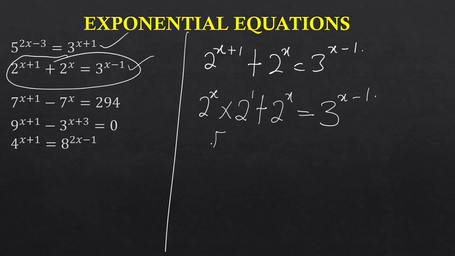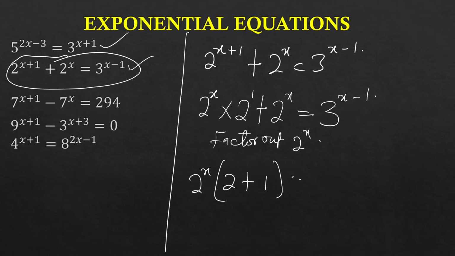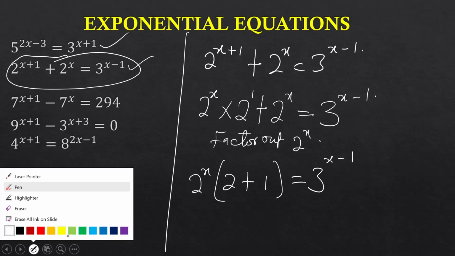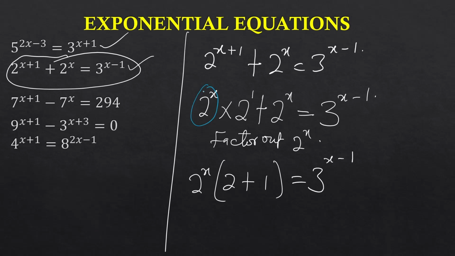Now I'm going to factor out 2 raised to x. So I'm going to have 2 raised to x, all bracket, what is left? 2 plus 1 is equal to 3 raised to x minus 1. The reason I am factoring out is, if you look at this and this, they are common.